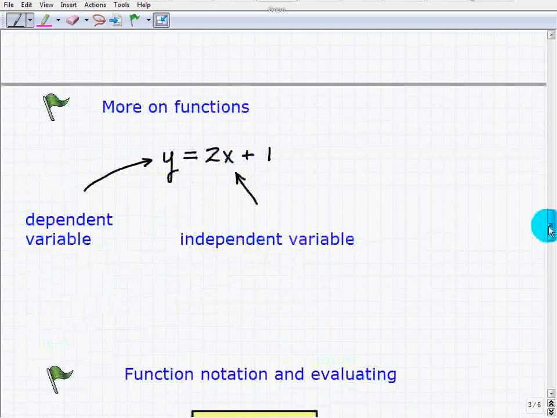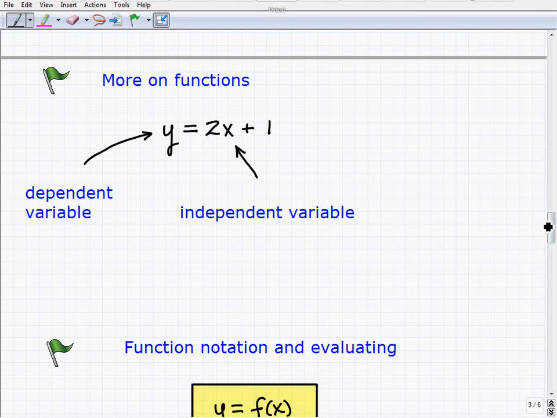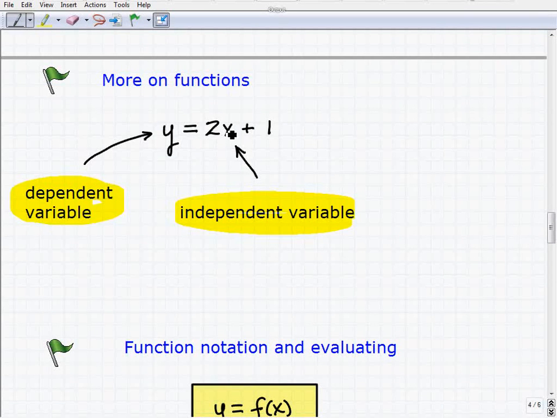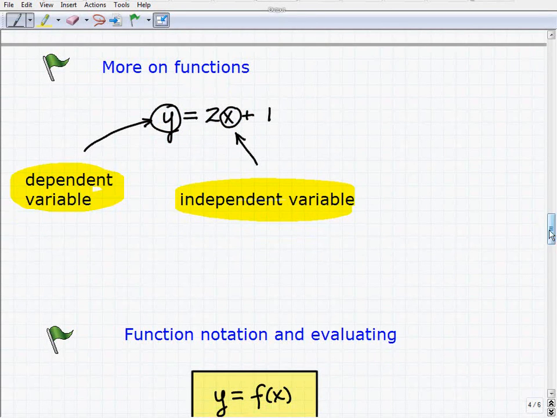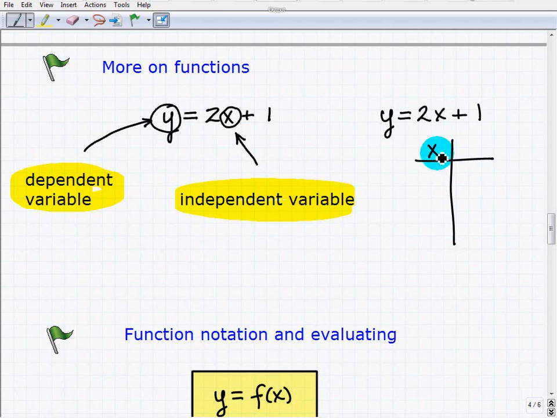Alright, so let's talk about more things about functions here. And some of the terminology we were talking about, we want to define, was dependent and independent variables. Okay, basically what you need to know is that the x variable is the independent variable and the y variable is the dependent variable. And let me just remind you here, if you had a graph of a line, y = 2x + 1, if you remember, we could graph lines, the equations of a line, by using the table of values, remember?